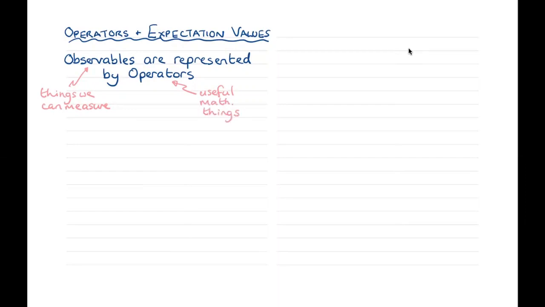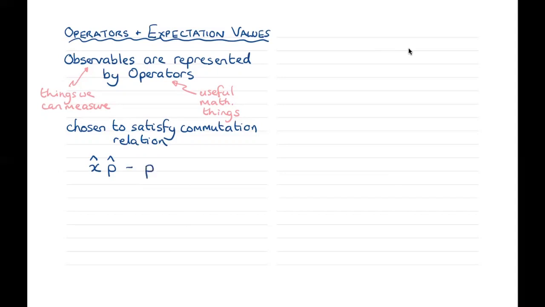And the observables are chosen, or they're defined, to satisfy a commutation relation: that the operator for position applied after the operator for momentum minus the operator for momentum applied after the operator for position is equal to i times h bar.